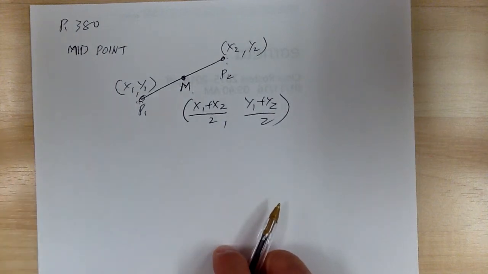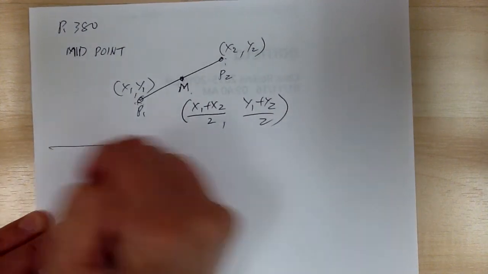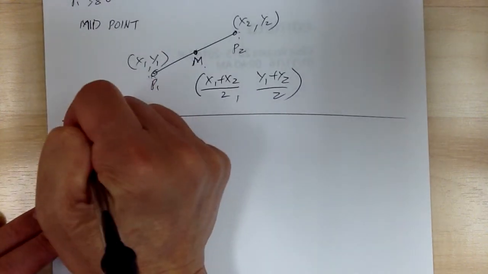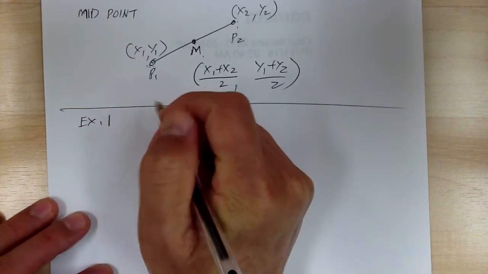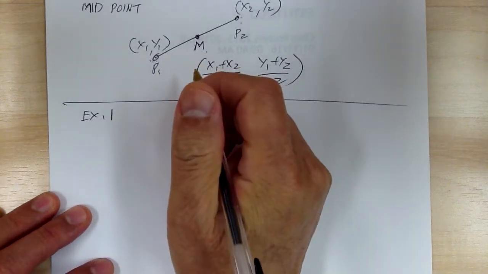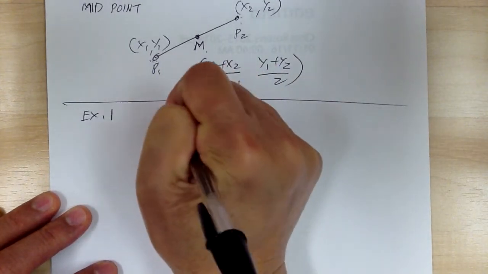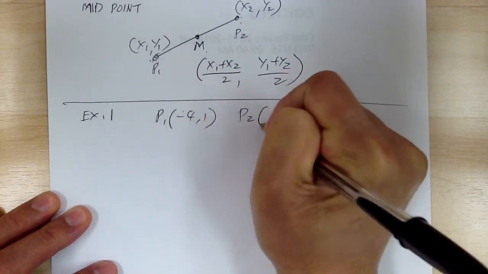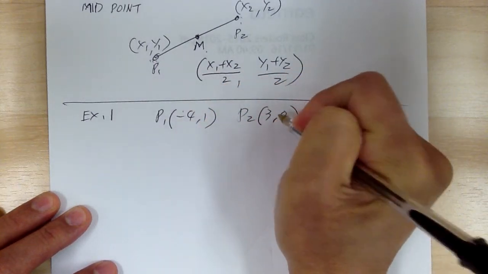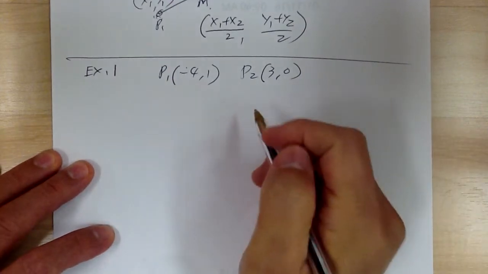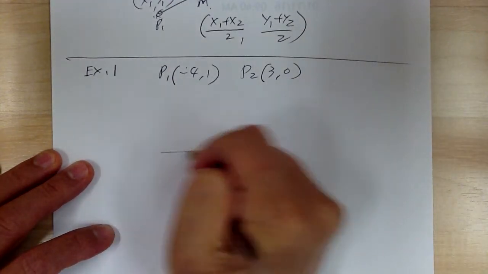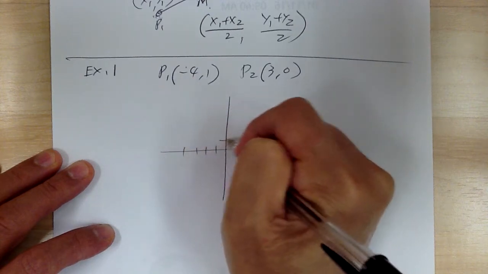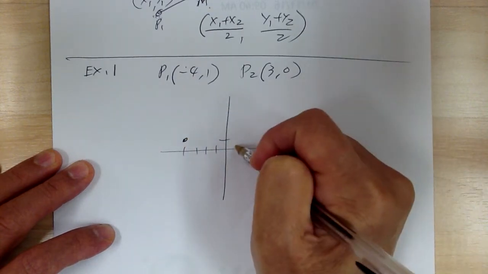Okay. So let's go over some examples. Example 1: you're looking for the distance between P1, which is negative 4, 1, and P2, which is 3, 0. You don't have to sketch, but if you sketch it out, you have negative 4, 1 over here, and 3, 0.